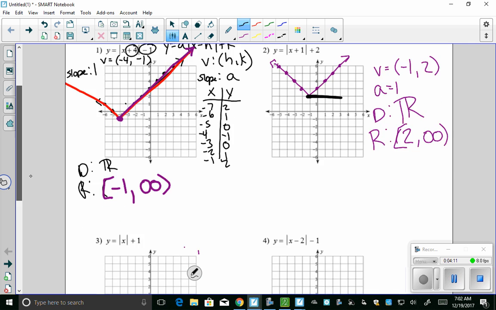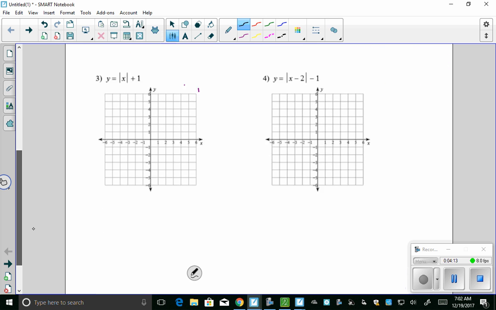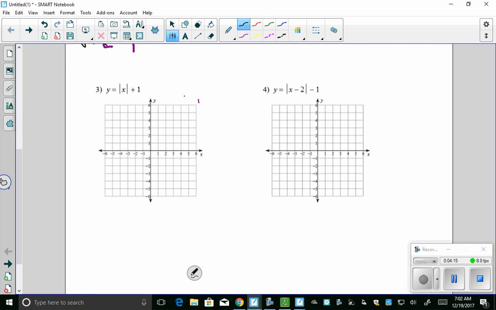Number 3. Vertex. I don't have an h inside, so that means my value is going to be 0, comma 1, where my a is 1.